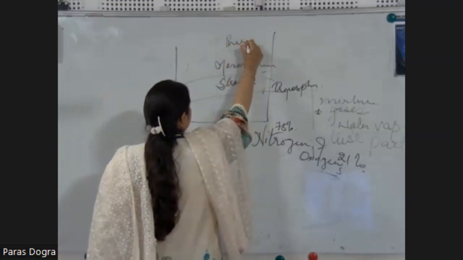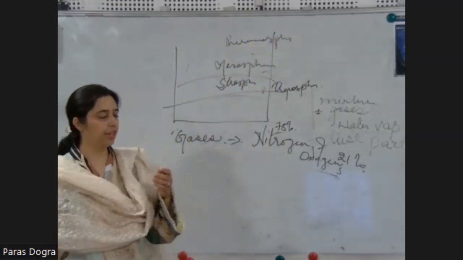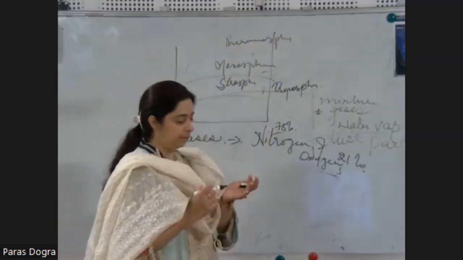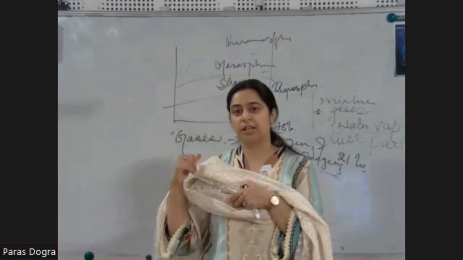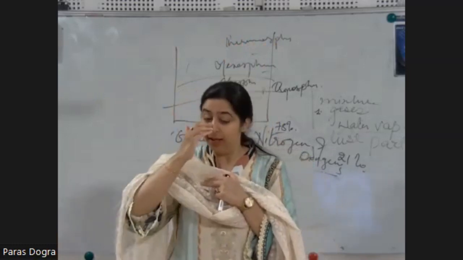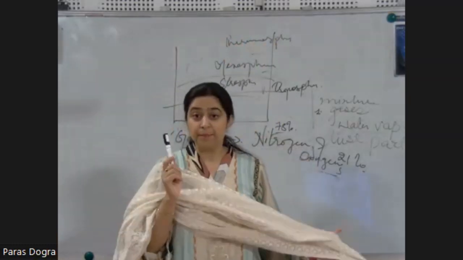These are all the layers of the atmosphere, and we should know that as we go upward, the concentration of these components we have discussed keeps decreasing. Why?